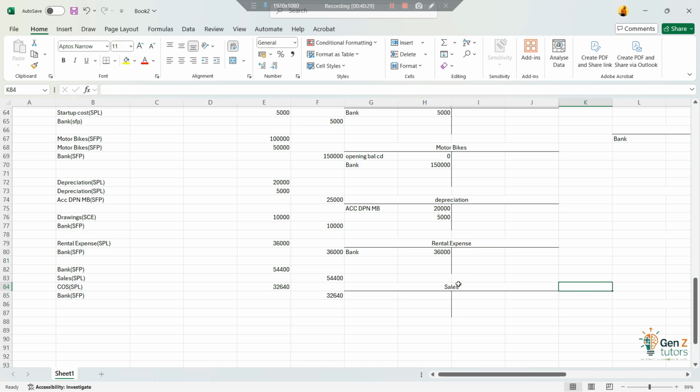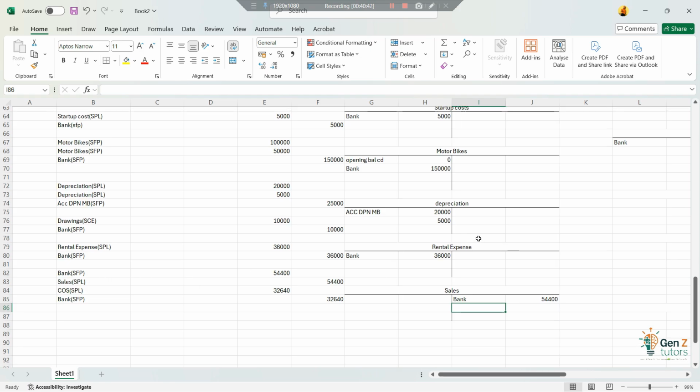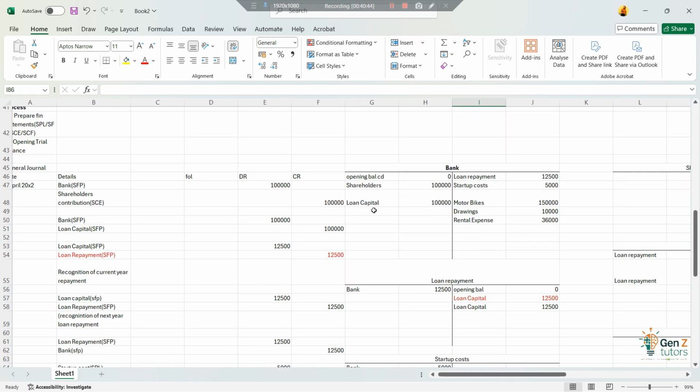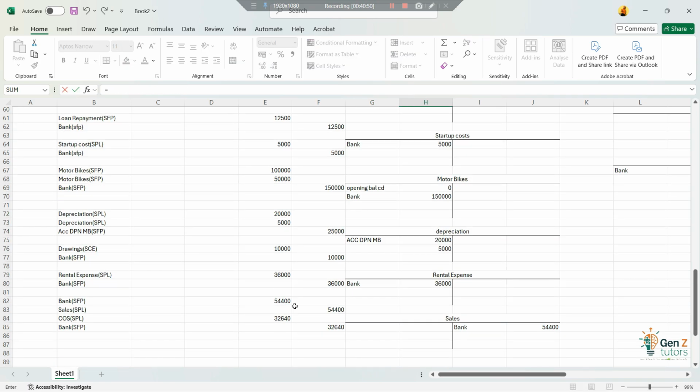And then you have to credit sales due to what? Due to bank, due to the money we received in the bank. Then you say sales credit 54,400, and then you go to the bank ledger again for that 54,400, and then you say sales due to that 54,400, right?